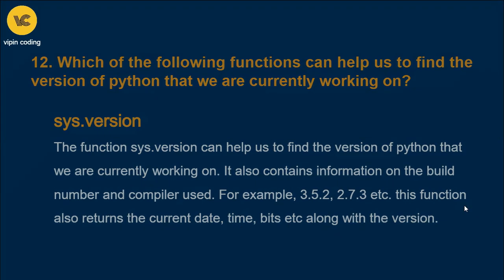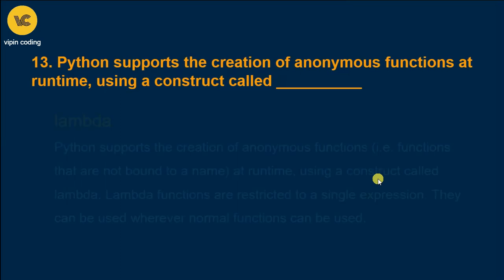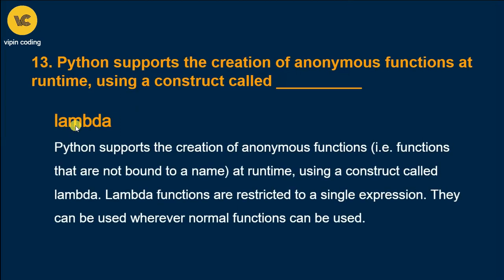Okay. Next question is, Python supports the creation of anonymous functions at runtime using a construct called, for example, our options are pi, anonymous, lambda and none. So let's see the answer for this. The answer is lambda.